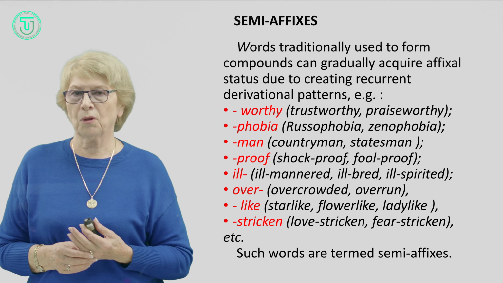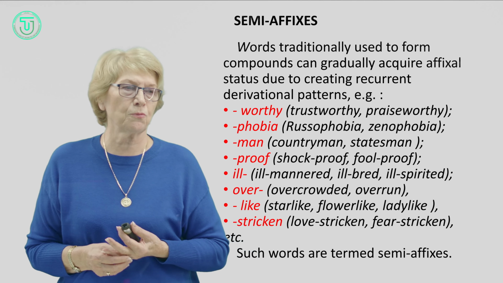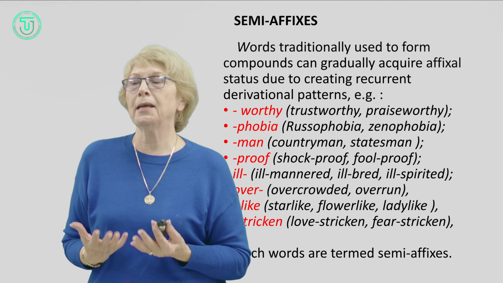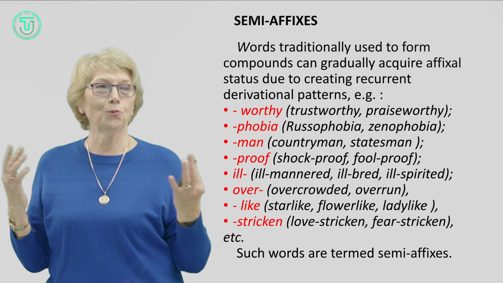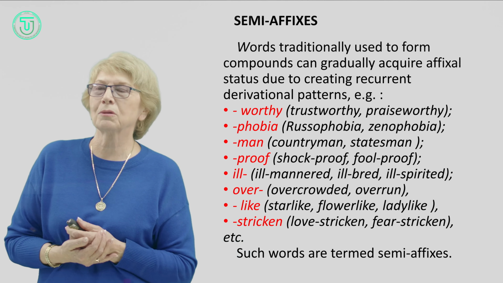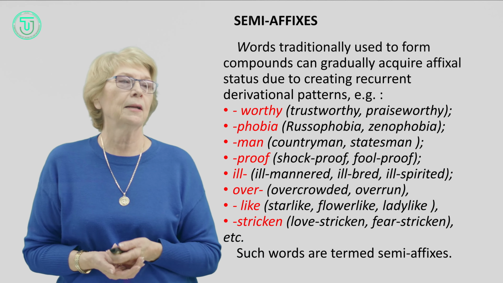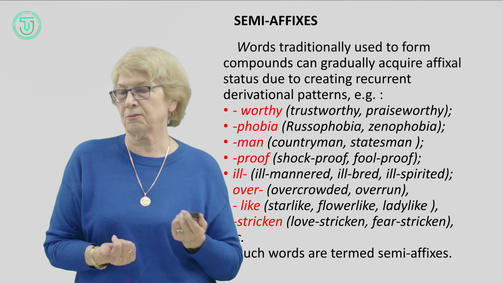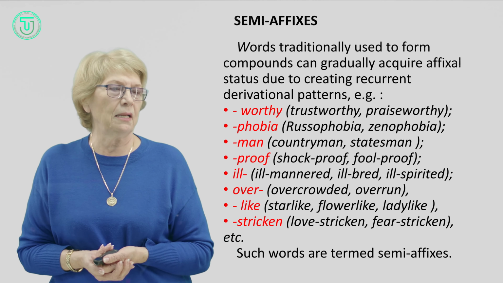But whatever, you can make a neologism with this phobia, anything. Cold phobia. Some people hate cold, me included, you know. So I prefer sunny, warm weather, and when it's cold, sometimes I don't even like to leave my place, you know. Okay, so this is a very productive, very active suffix which can be used freely in any discourse.